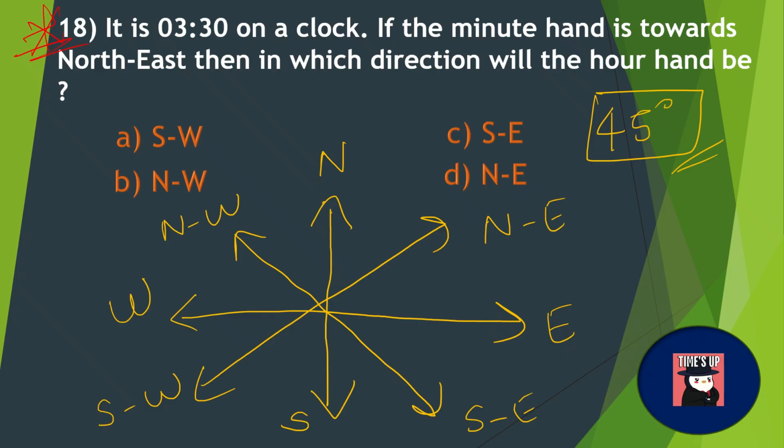Now what they have said is that on a clock, it is 3:30. So 3 is here and 6 is here. 3:30 means our hour hand will be slightly shifted from 3 and nearer to 4, and the minute hand will be at 6. That is what 3:30 is. So in which direction are the hour hand and minute hand now? Hour hand will be at southeast. Correct?